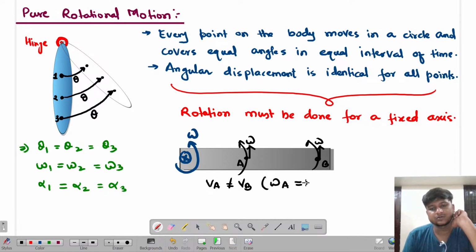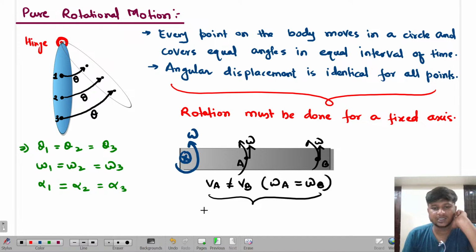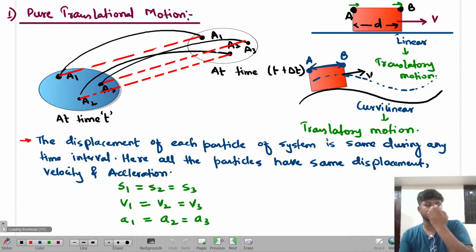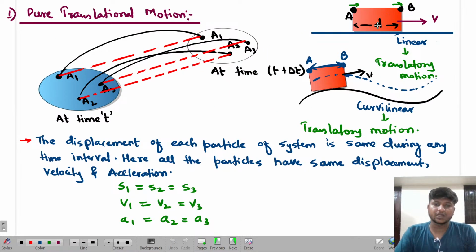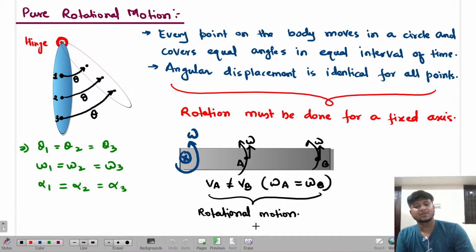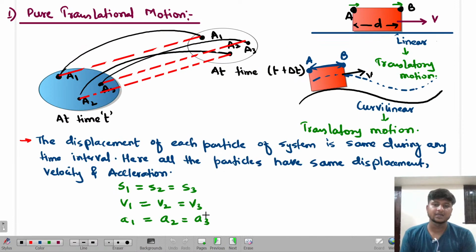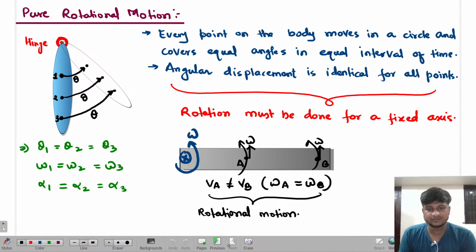Omega of A is equal to omega of B. So that is why we call this rotational motion, because the necessary condition of translational motion is that each point should have the same velocity. The velocities of each point will not be the same only if the particle rotates in a circular motion. Other than that, it is always the same. You can see that over curvilinear motion also it is the same. Are you able to get me or not?